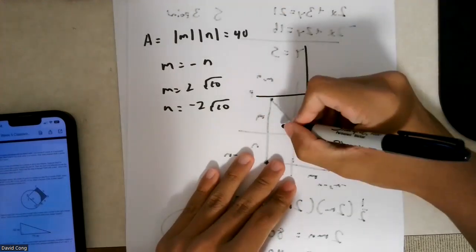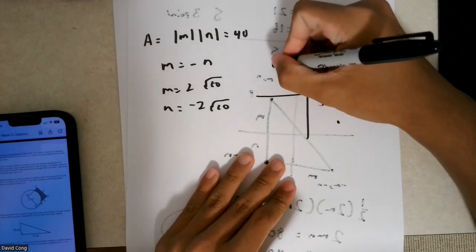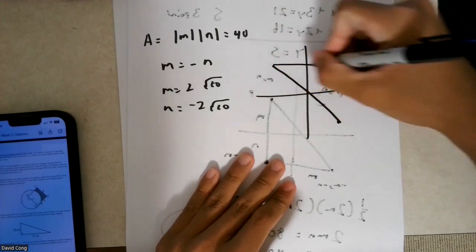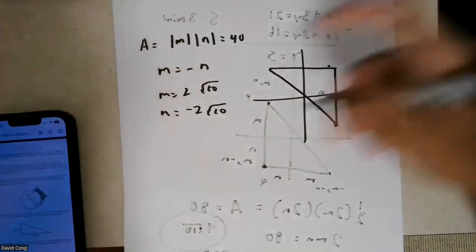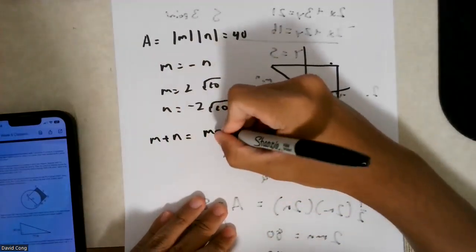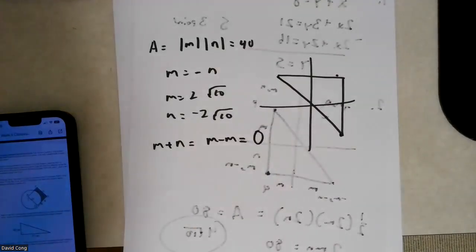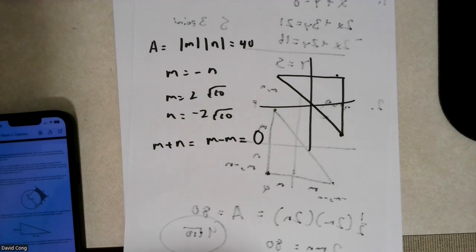Because now we start here, we reflect across the x, and we still get our triangle, same area. But now what can we do? M plus N is equal to M minus M, which is equal to 0. So we've shown the least possible value of M plus N is actually 0.